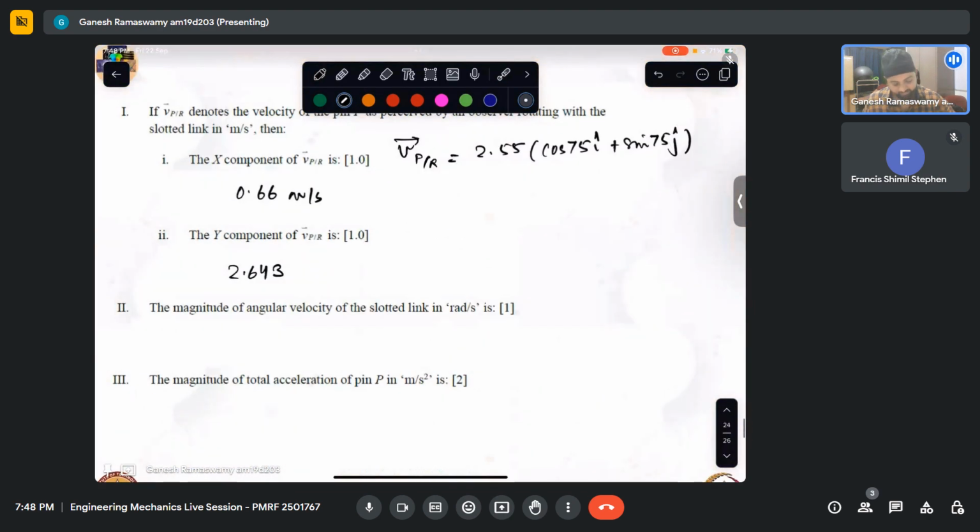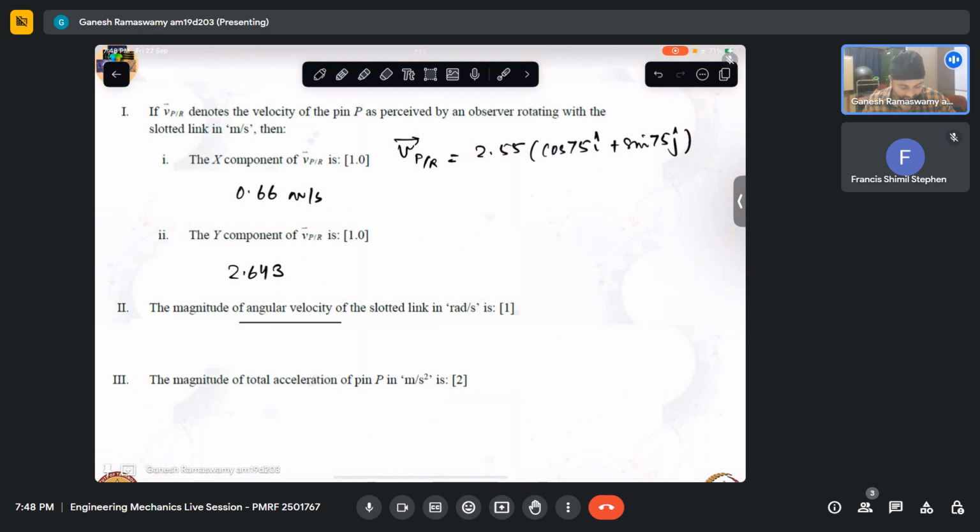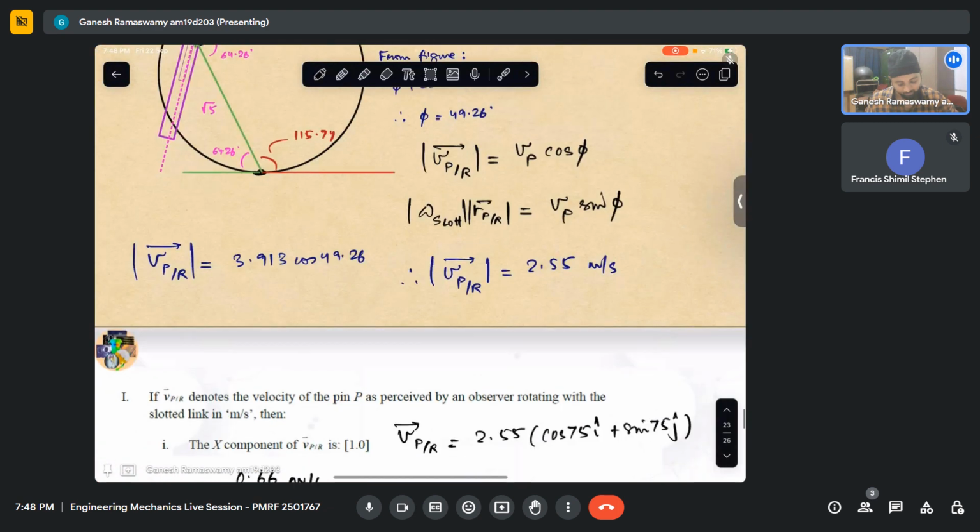Now that we have answered this, the next question is asking the magnitude of angular velocity of the slotted link. Now we can use this relation. We know this.